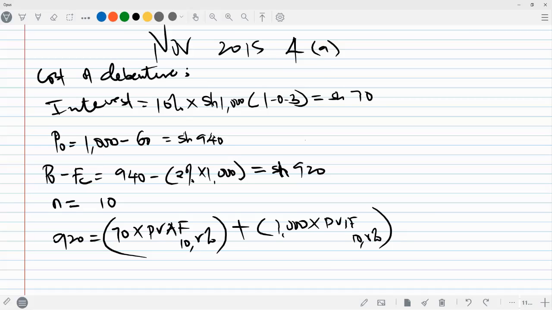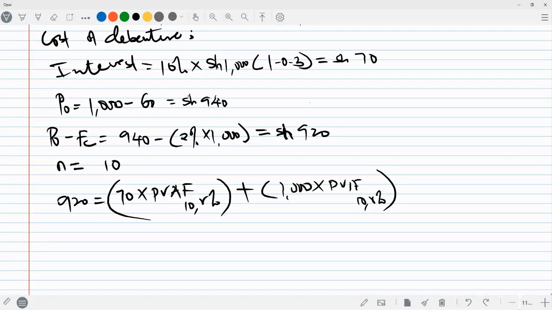70 divided by 920, what do you get? 0.076, so 7.6%.